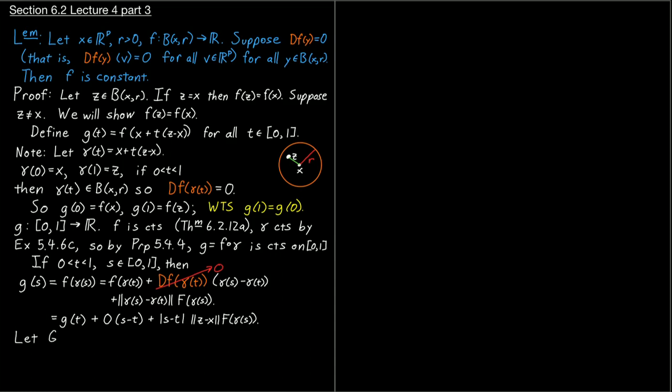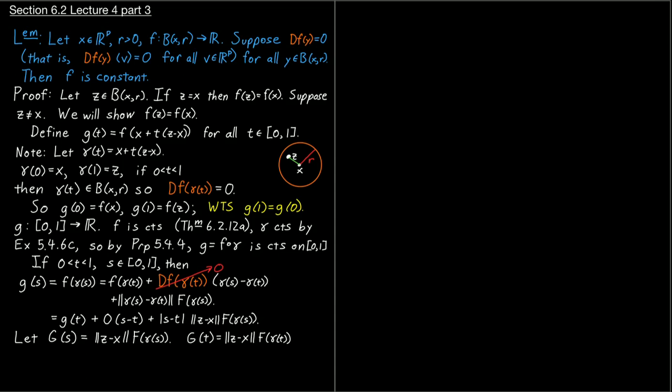And then we're going to let big G of s be the norm of z minus x, which now as far as s and t know is a constant, f of gamma of s. g of t is z minus x, f of gamma of t.